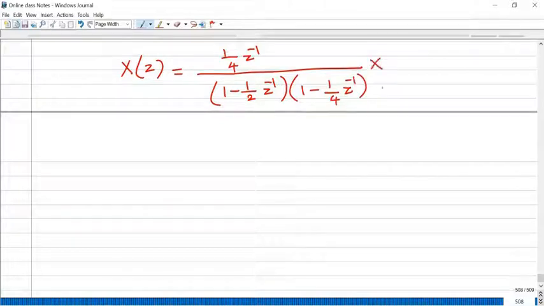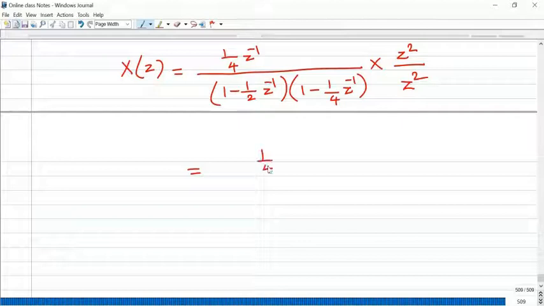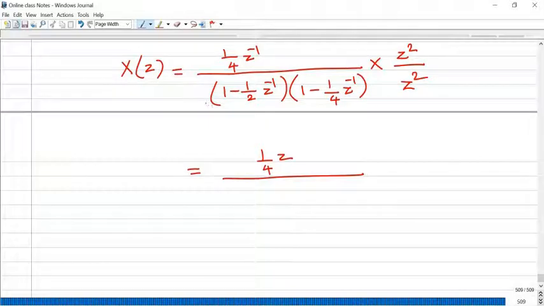Multiply z square on both numerator and denominator. You will get 1 by 4 z. In the z square, I am taking one z for the first term and another z for the second term. So I will get z minus 1 by 2 times z minus 1 by 4.